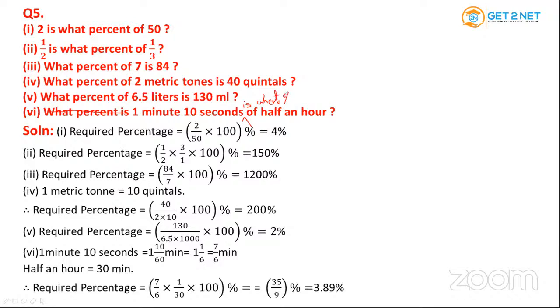Clear, all of you? So we got 4%, 150, 1200, 200, 2, and 3.89. Any doubts in the previous one? Okay, good. So let's move to the next one.